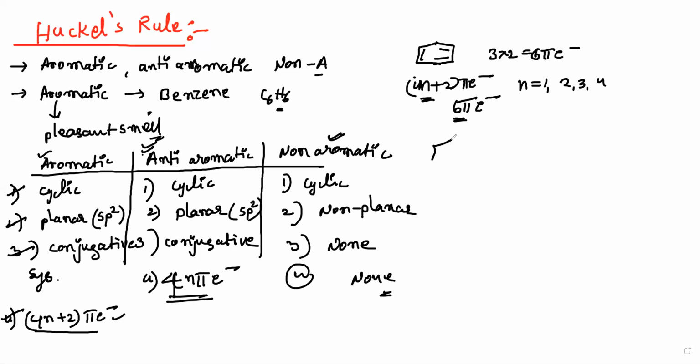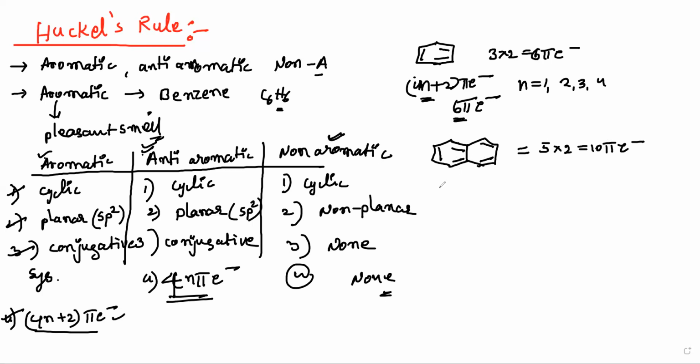Suppose we take the second one, the naphthalene molecule. Naphthalene means 2 benzene rings are present like this. How many pi bonds are present? 5 pi bonds are present. According to the structure, 5 twos are 10 pi electrons. But apply all the rules. All carbons are present in cyclic form.